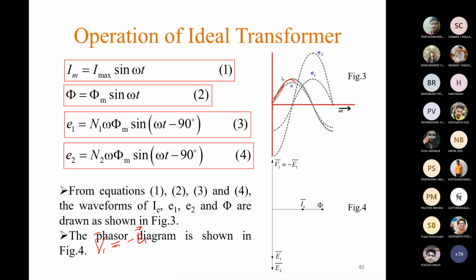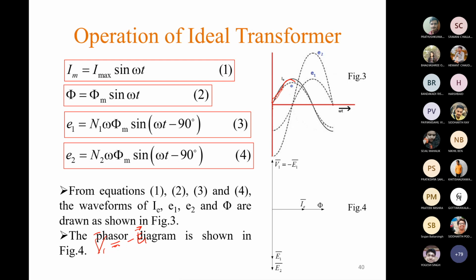Can we draw like this? No, sir, we cannot draw it like this. Why not? Sir, because in a phasor diagram, the length of the phasor is the maximum value.